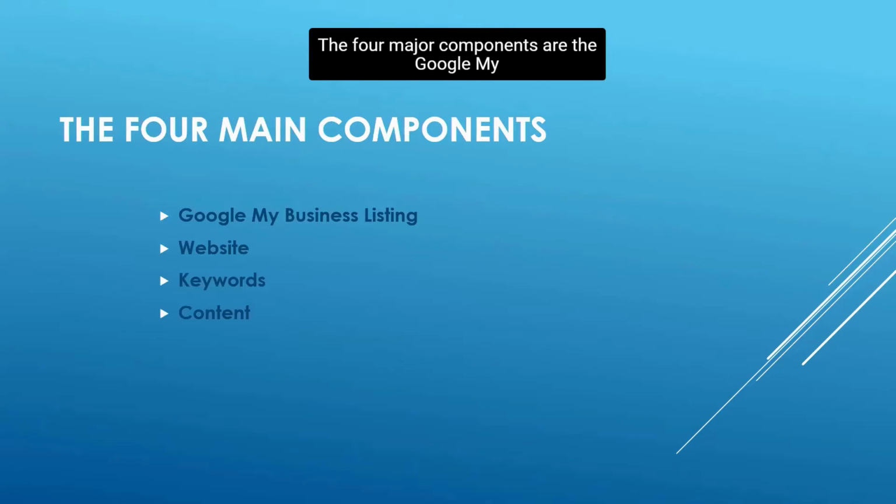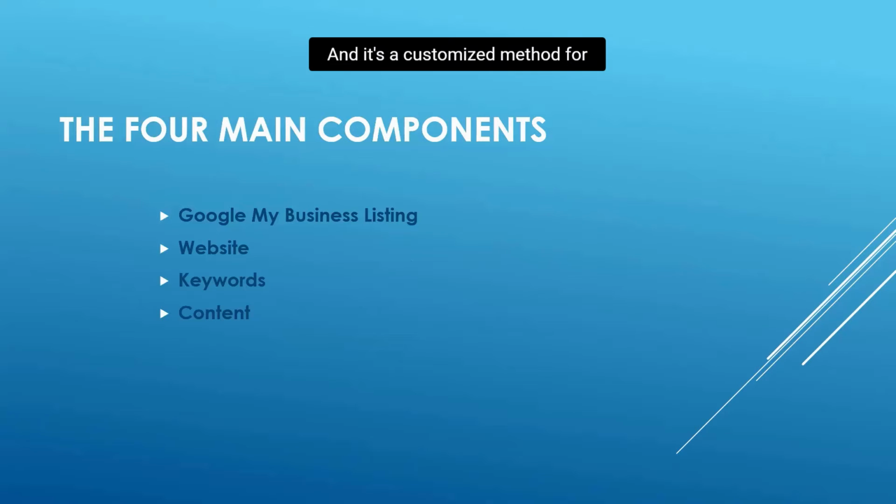The 4 major components are the Google My Business listing, the website, which we're going to go through today, and then keywords. How do you choose the keywords that you want to use in this method? And it's a customized method for you when you do it completely.